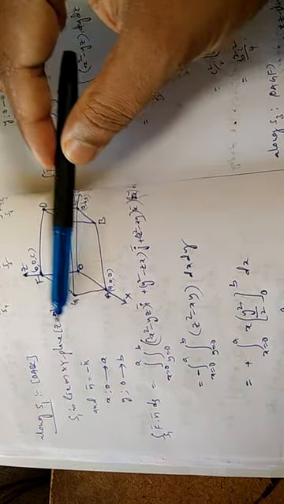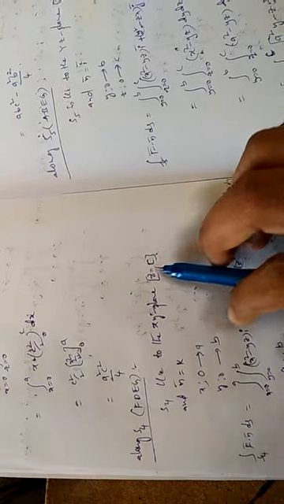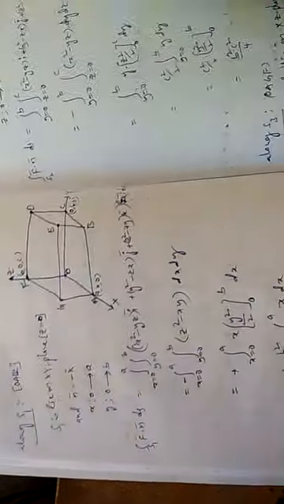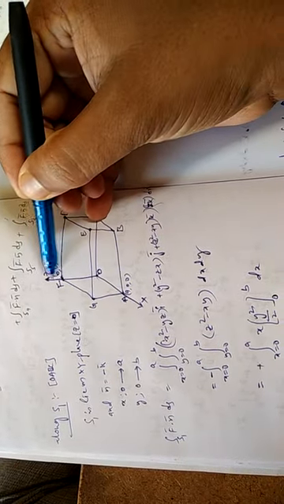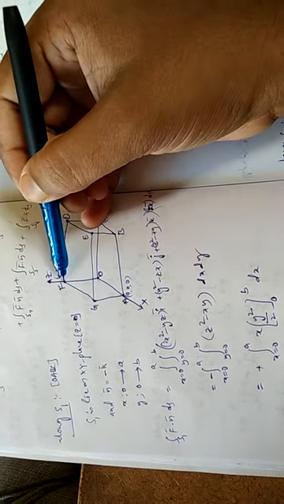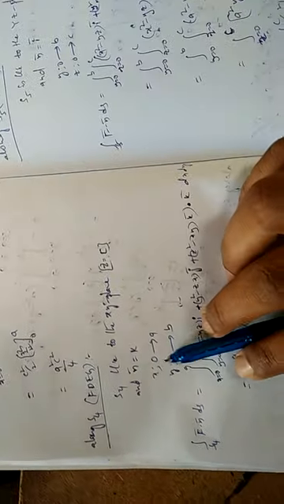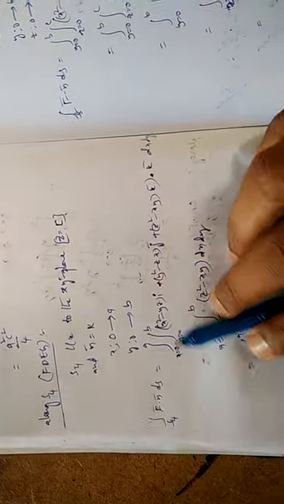Over the surface, z value is c. Now unit outward normal is positive k, not negative, which is the opposite direction, right? Negative is inward. Outward is plus k. X varies from 0 to a, y varies from 0 to b.